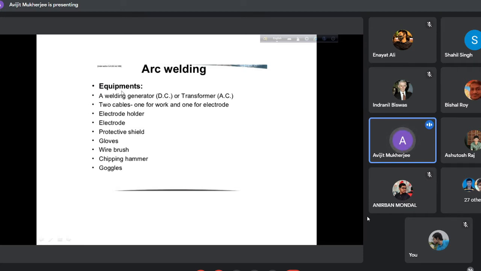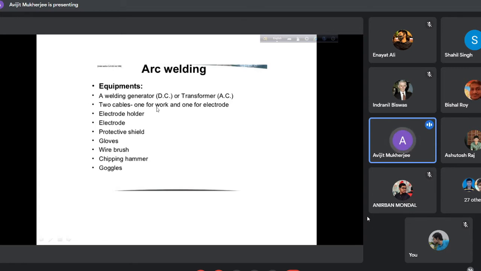In arc welding, these are the requirements or equipment: a DC generator, or an AC transformer, which is the heat source. Then cables, meaning electrical conducting material. Two cables, why two?